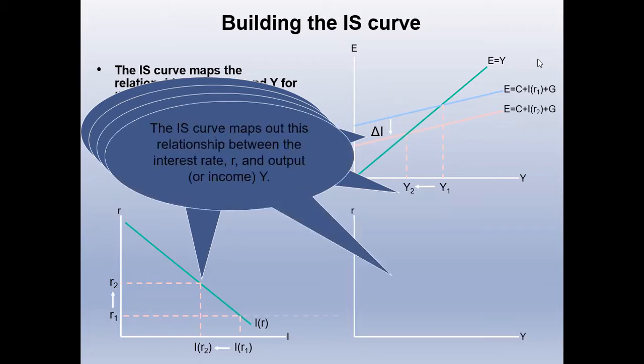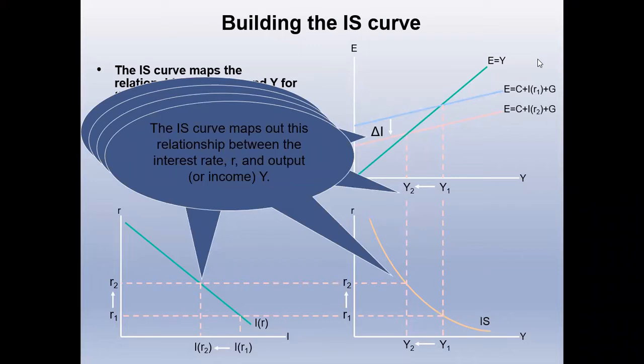But if we go here to look at the relation of the IS curve mapping, how will the interest rate look with the output? I increase the interest rate and then the output will decrease. Because what happened? Because the investment decreases.